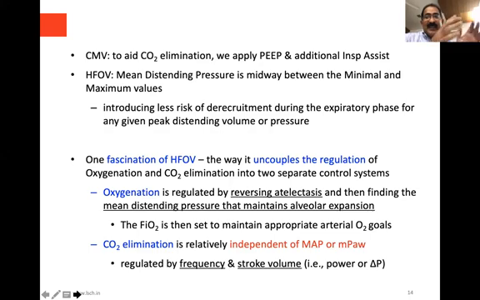The oxygenation is regulated by reversing the atelectasis and then finding the mean distending pressure that maintains this alveolar expansion, and the FiO2 obviously is set on that, right? Whereas the carbon dioxide elimination is relatively independent of the mean airway pressure, and basically this is regulated by the frequency and the delta P. That's the most important thing, right?